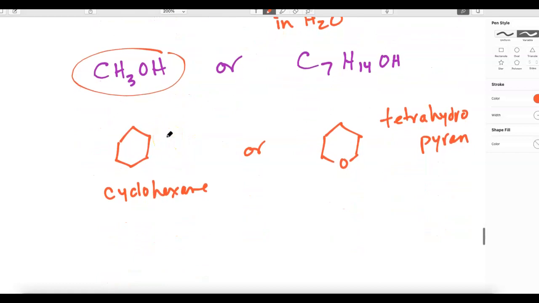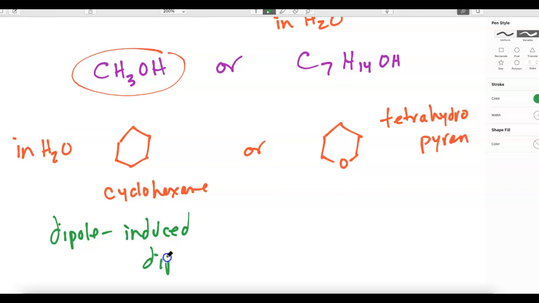Same thing for these two, again in water, cyclohexane, which with water is just going to have the dipole on water inducing a dipole on the cyclohexane. That's not favorable for water.